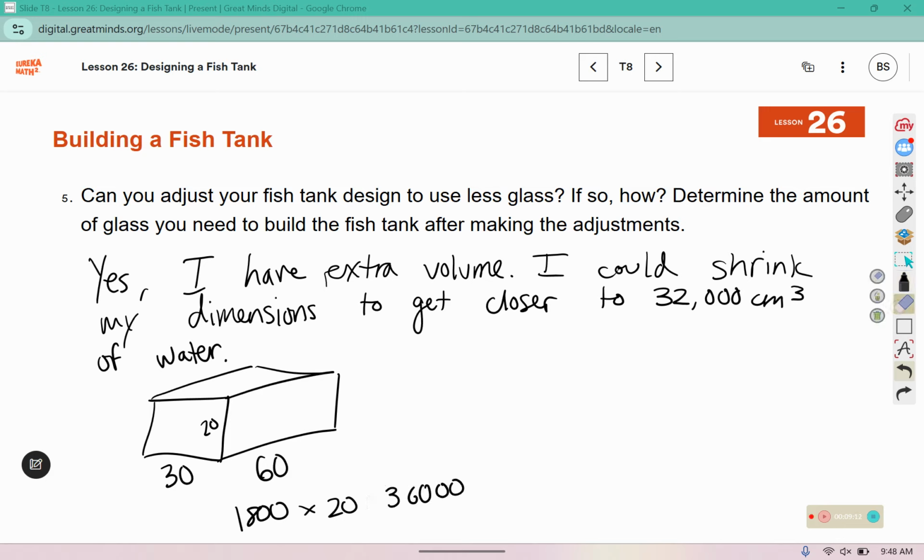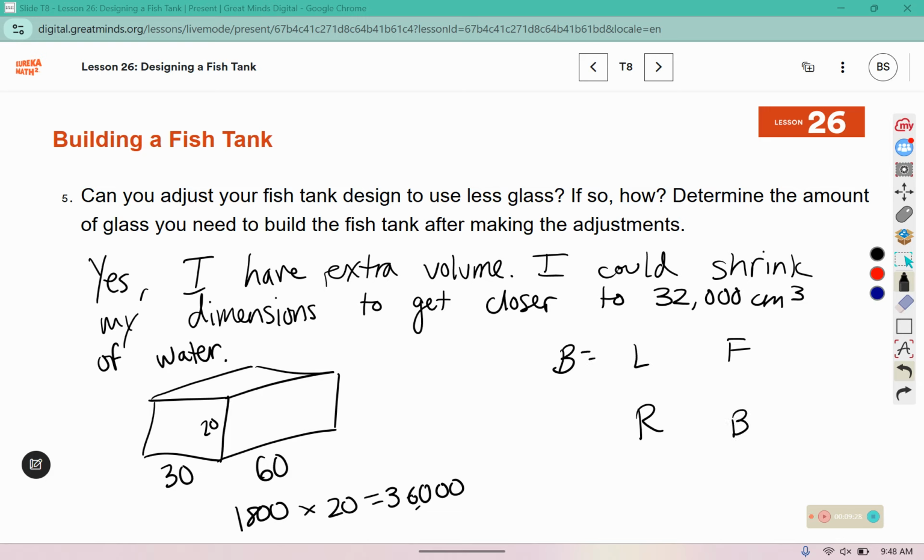So that's closer to 32,000, and it's going to use less glass. So determine the glass needed here. So for the bottom, the left, the right, the front, and the back.